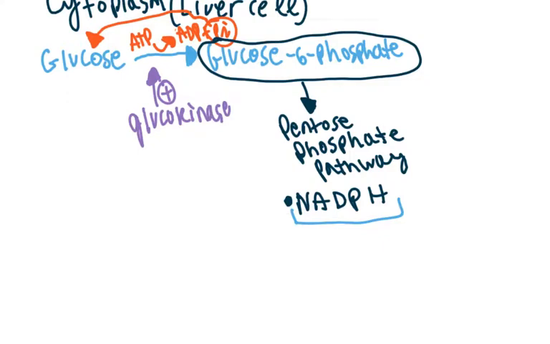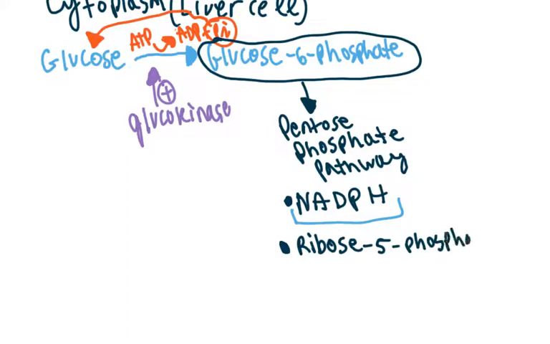So one main purpose is to make NADPH. The other main purpose, and there can be more, but we'll focus on these two, is to form a 5-carbon molecule called ribose 5-phosphate.